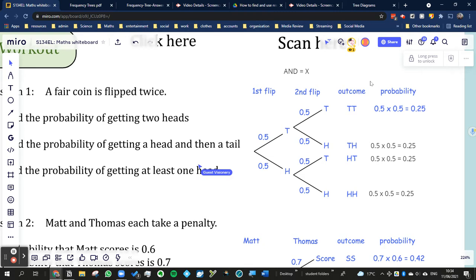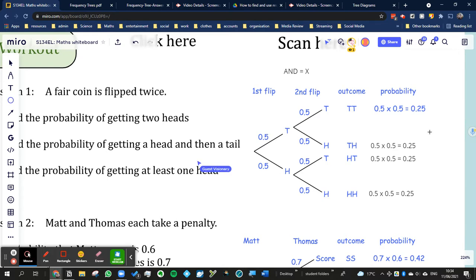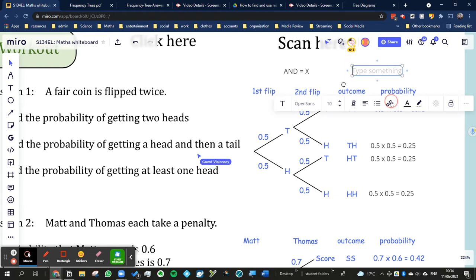Now we do have an or as well. In other words, I could say, what's the probability of me getting a tails or a heads? Well, what you do then is you add. So if we're doing or, we use add.